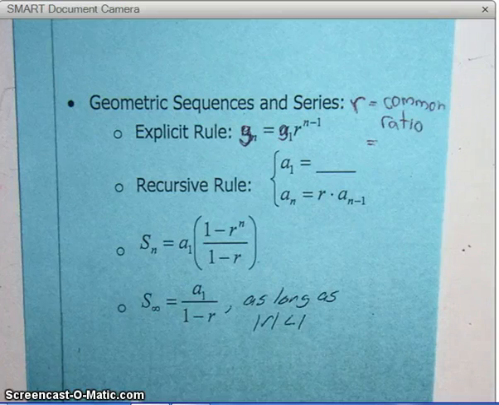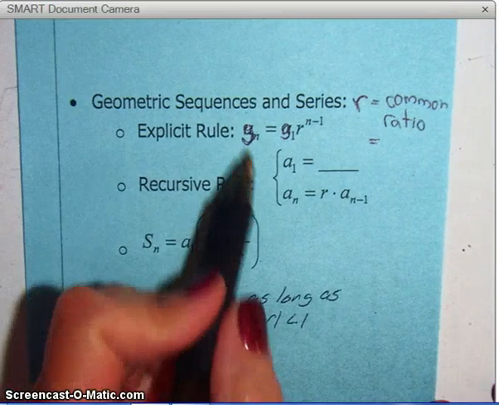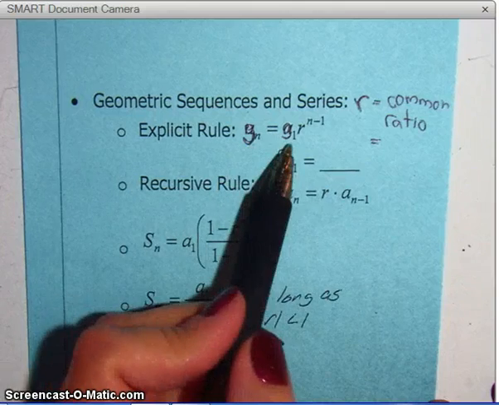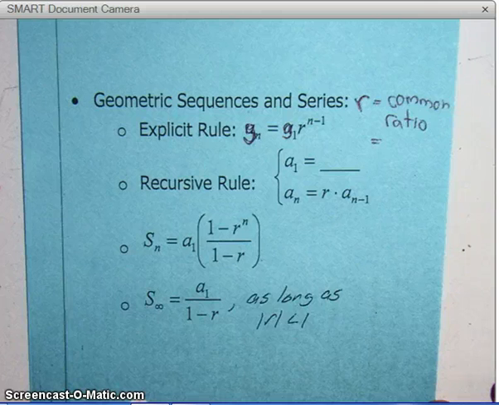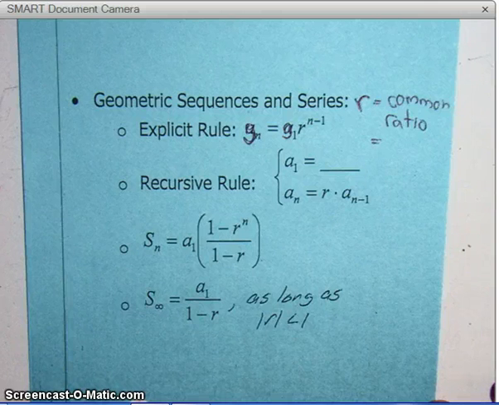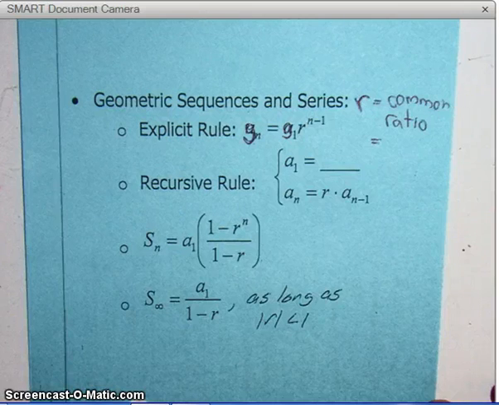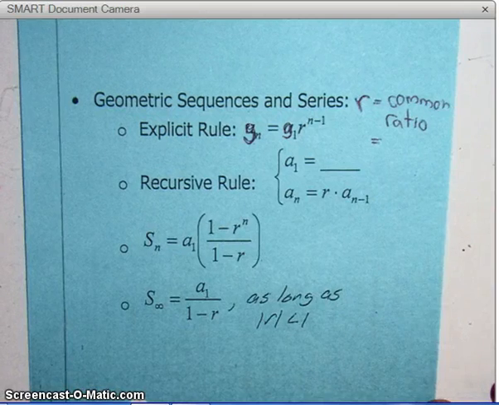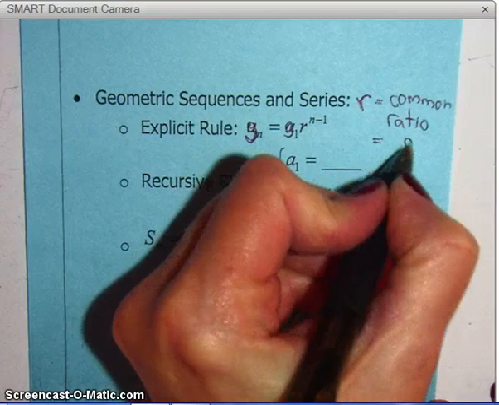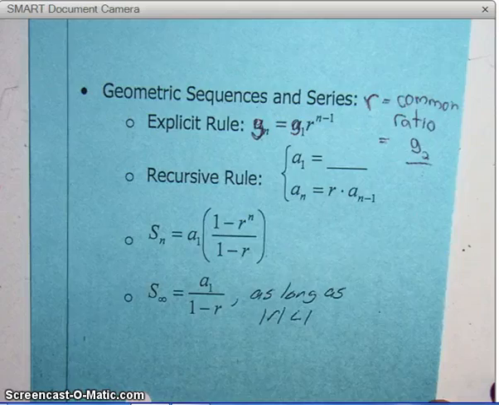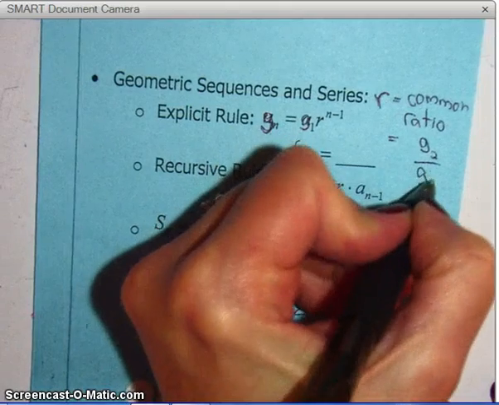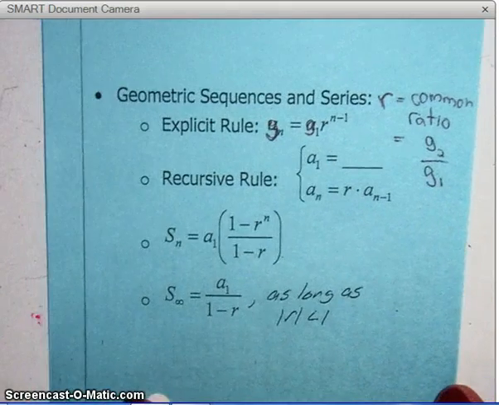These are geometrics. So, G sub n, G sub 1, R to the n minus 1 power. Common ratio is found by taking G sub 2 divided by G sub 1.